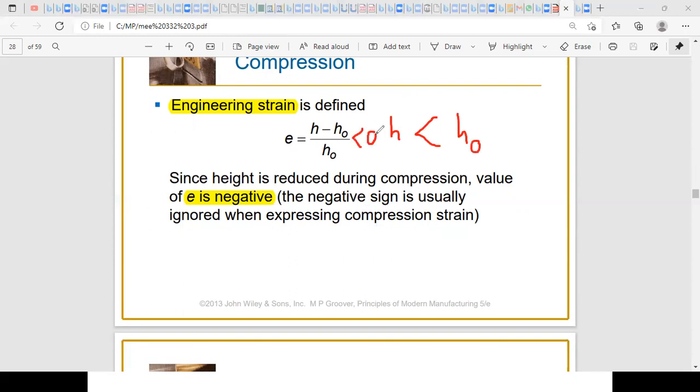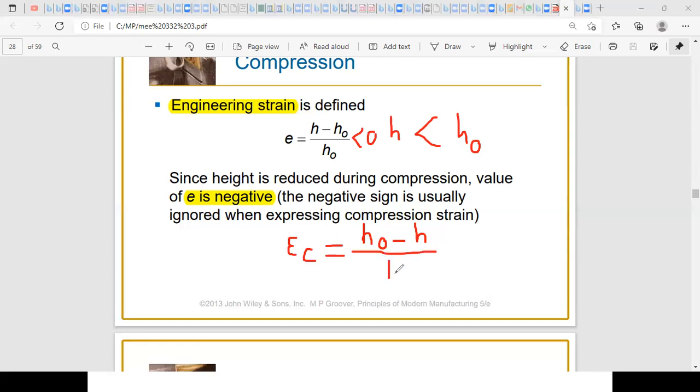Here also, another way to represent it is to say that epsilon compression, when you put the symbol C, you remove the negative sign. So you define it then as H0 minus H over H0.